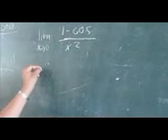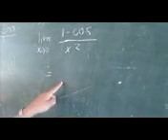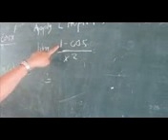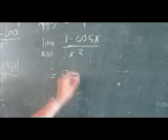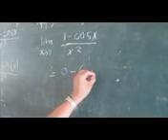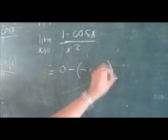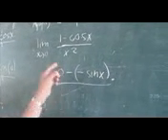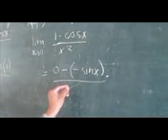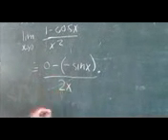We need to get the derivatives. The derivative of 1 is 0, minus the derivative of cosine, which is negative sine x, over the derivative of x squared, which is 2x.